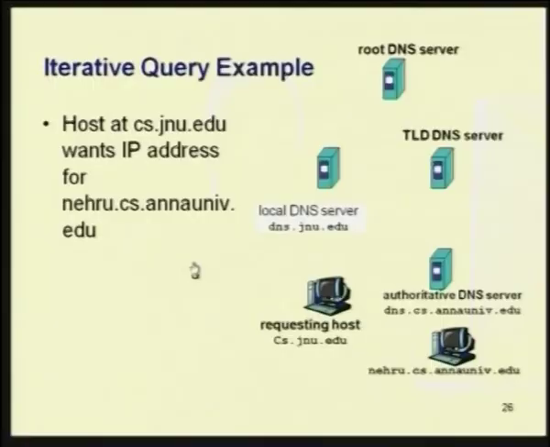So, let us look at an example of iterative query. This example should make things quite clear. Suppose a host at cs.jnu.edu wants the IP address for nehru.cs.ninu.edu.